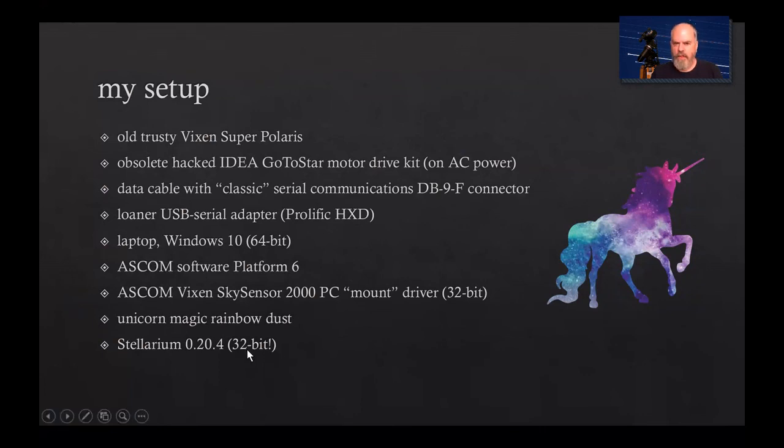So I deleted the 64-bit, downloaded the Stellarium 32-bit, and it talks fine to the mount. Even though the OS and the platform are running 64-bit, fine, whatever. But the bottleneck was the mount driver. So with a little bit of luck and some magic, I was able to get all of this working.